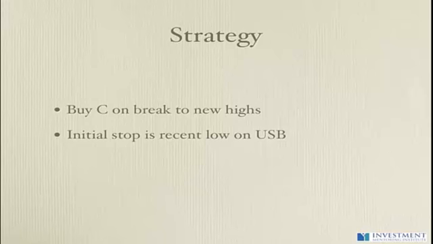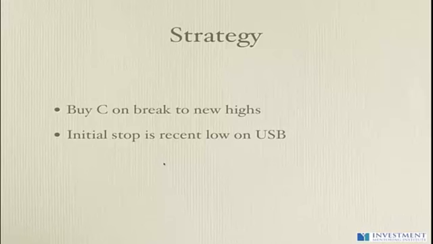What I wanted to do is give myself the opportunity to make the maximum amount of money, which means I just want to buy C if it breaks to new highs. Now, what if it just goes down? Well, then I'm perfectly happy to go naked short selling USB and then use my stop loss on the short USB strategy as buying Citibank on the most recent highs.